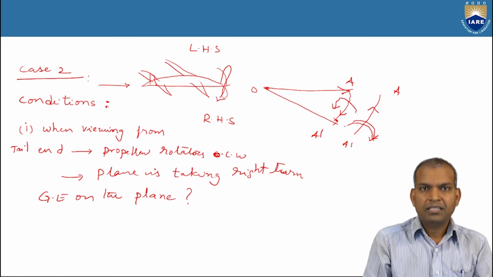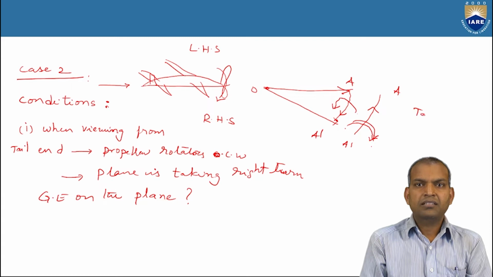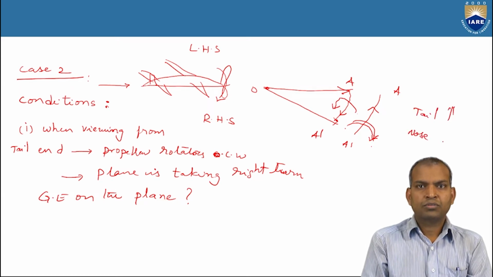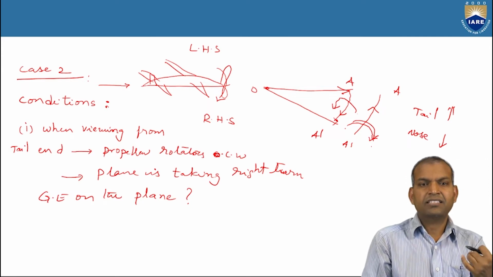Now what will happen? The tail rises and nose goes down, the propeller end, during taking a right turn.